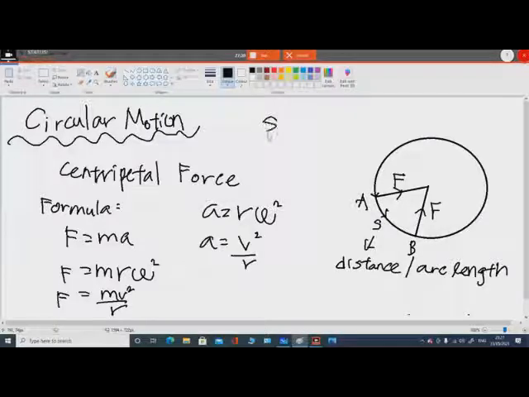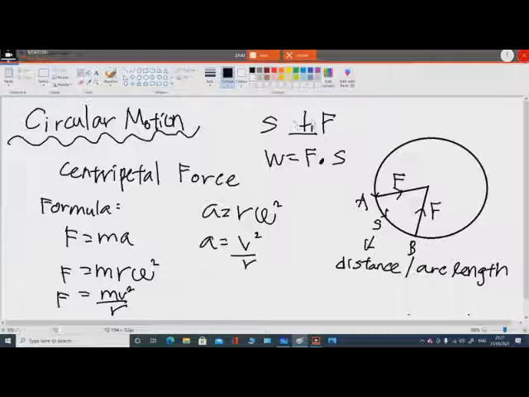So I can conclude that S is perpendicular to F. We know that work done is the product of force and the dot product of displacement.